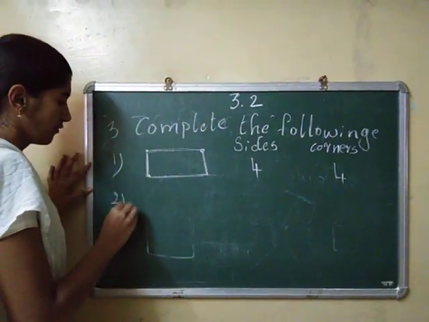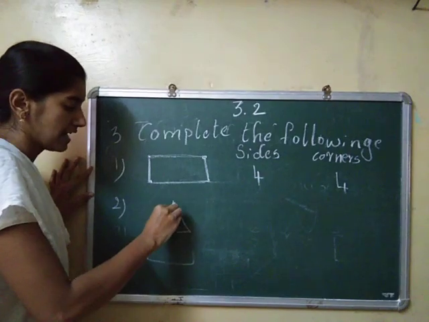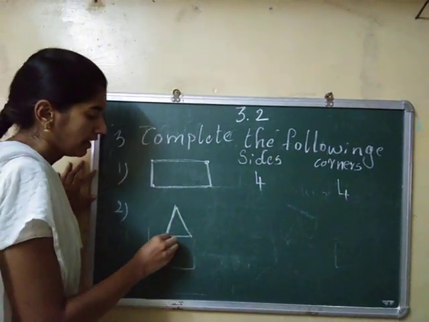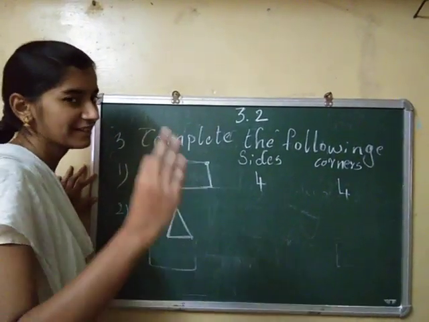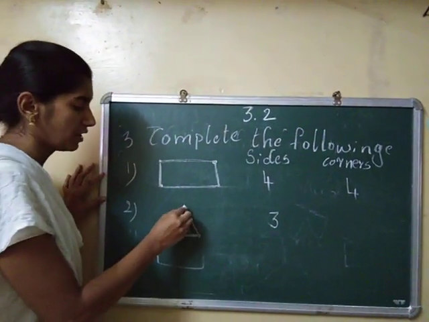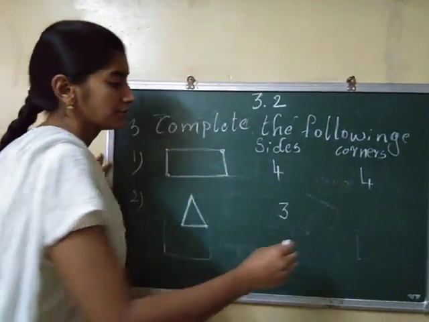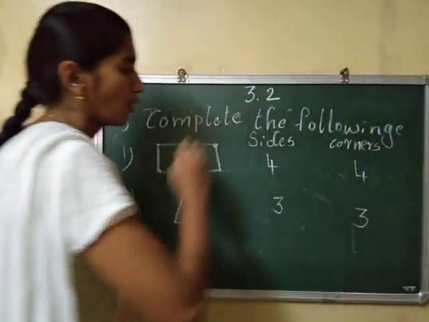Next, if we are moving for this triangle, how many sides are there? Sides means straight lines. 1, 2, 3. We have 3 sides. Next, corners, the meeting point. Here is a meeting point. 1, 2, 3. So we have 3 meeting points, that is corners.